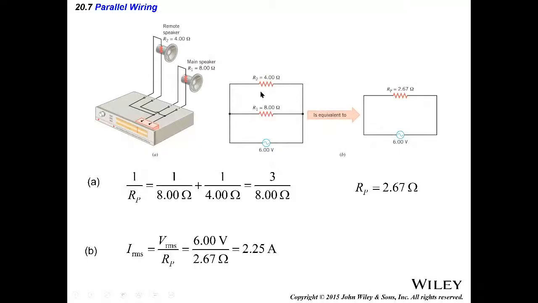Well, since this is a parallel circuit, the total resistance comes from 1/8 plus 1/4, because this one is 8 ohms, the other one is 4 ohms, and the net result is now 2.67 ohms.